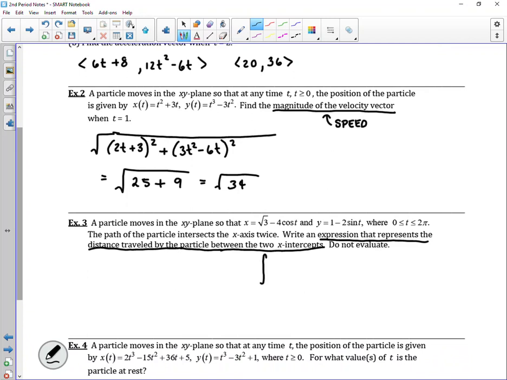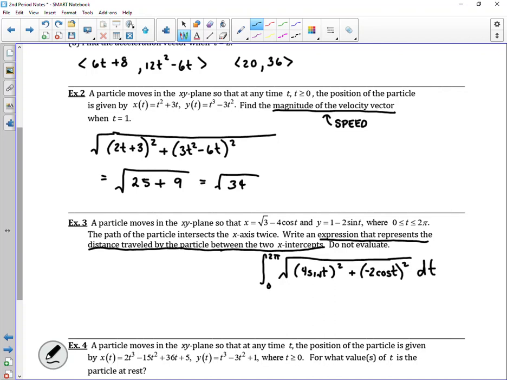So integral 0 to 2 pi square root of dx dt squared plus dy dt squared dt. And the derivative of x is 4 sine t, yeah. And the derivative of y is negative 2 cosine t.